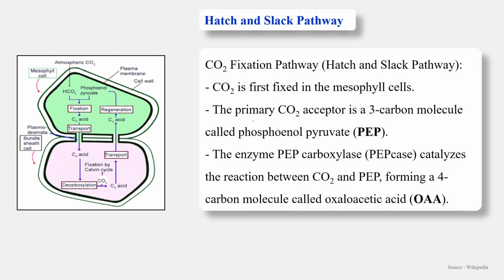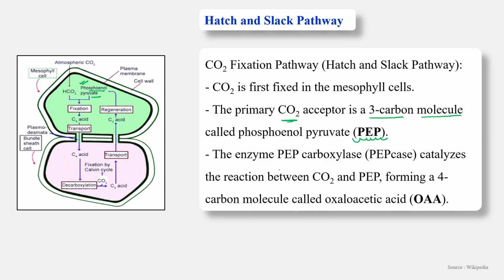And what is the primary carbon dioxide acceptor over here? It is a 3-carbon molecule known as phosphoenol pyruvate, PEP, which actually accepts carbon dioxide in mesophyll cells.